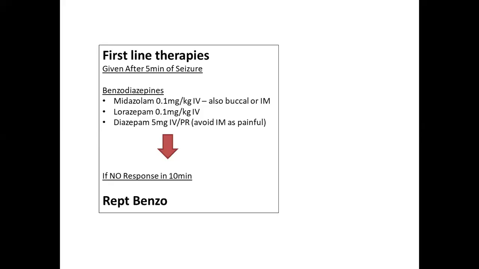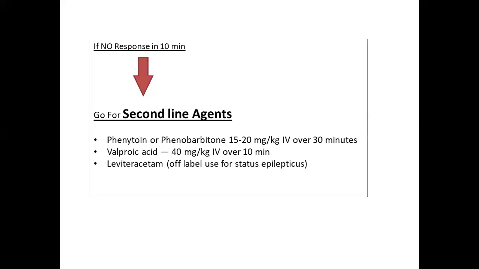After the second benzo, wait for another 10 minutes. If there is no response, we come to the second line medications.